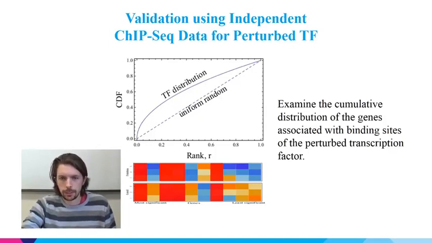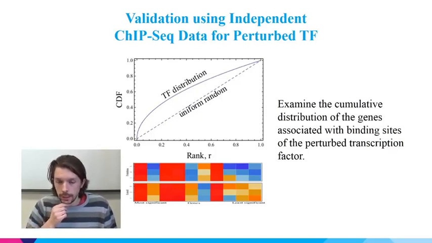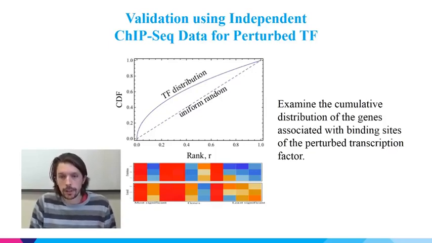So you can see in this figure, the dotted line is what you would expect if you randomly sorted the genes, and the solid curve is the curve that you'd expect if your differential expression approach has preferentially prioritized the transcription binding site associated genes.